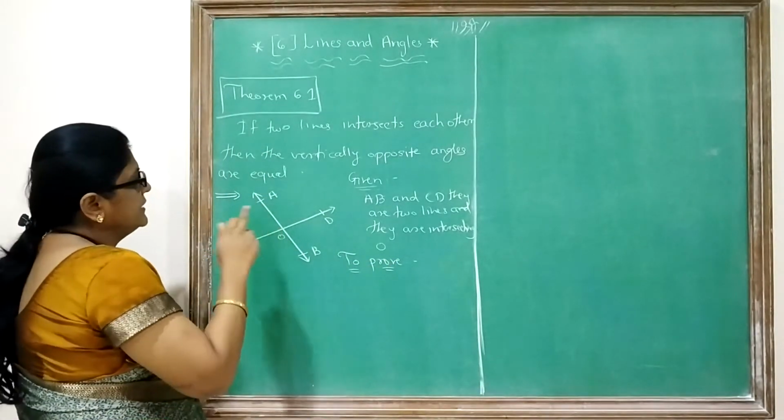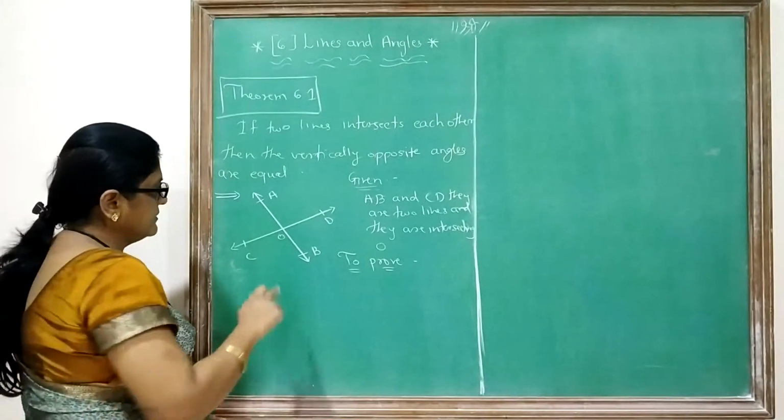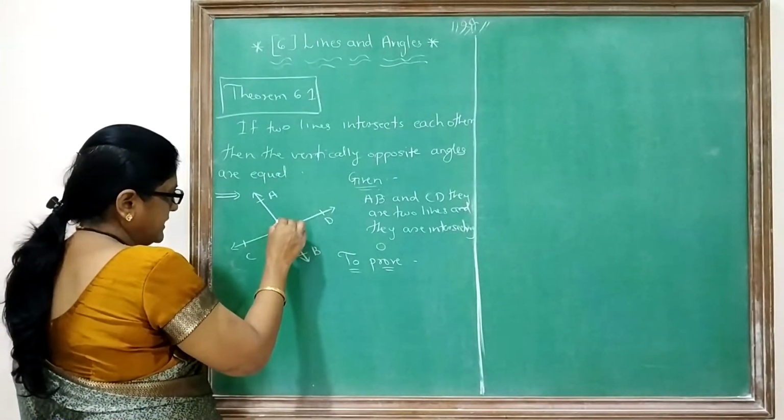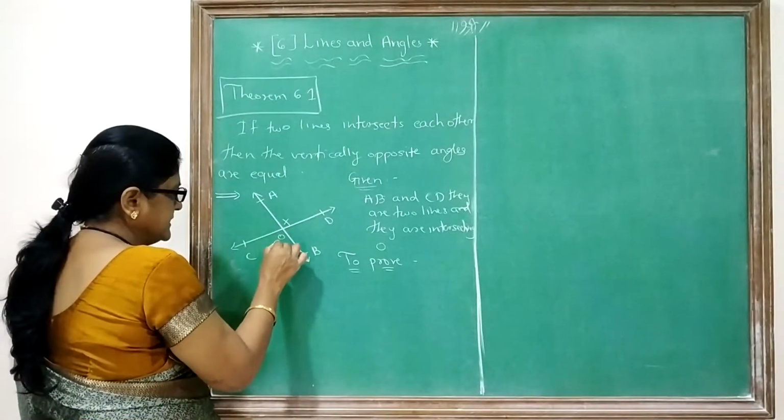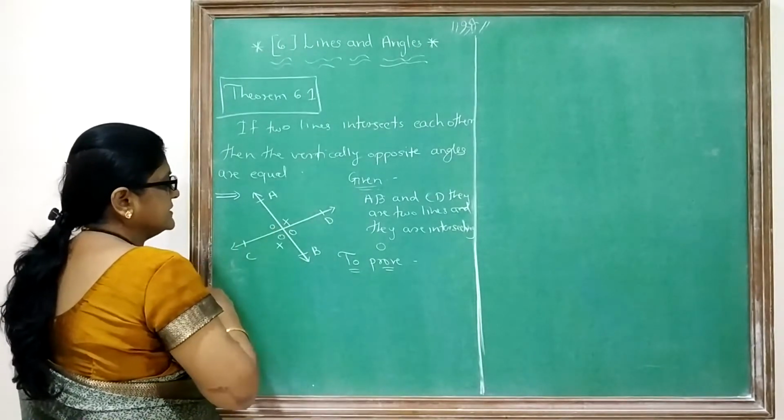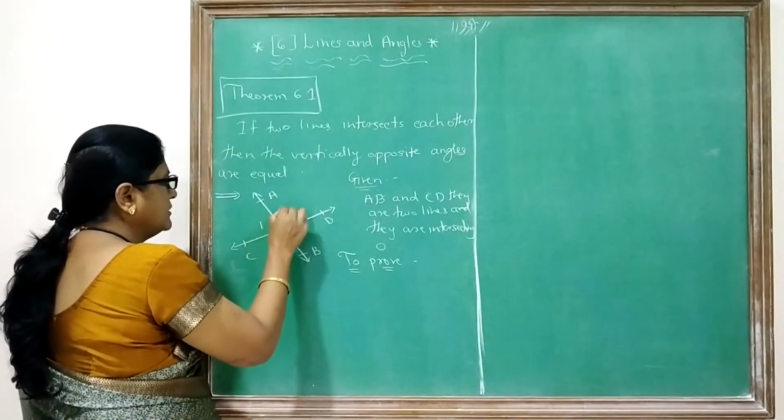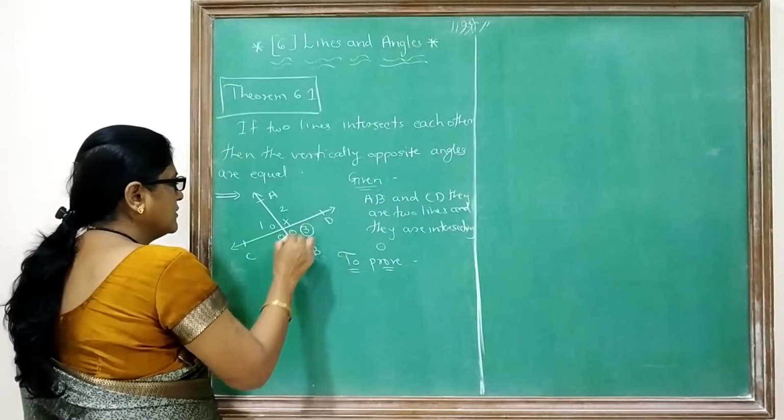Here vertically opposite angles are equal, means these are the vertically opposite angles, this and this and this. Then you will suppose here angles 1, 2, 3, 4.